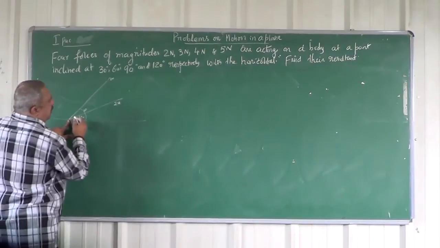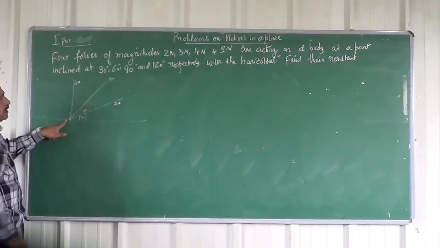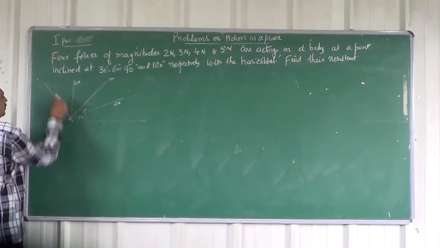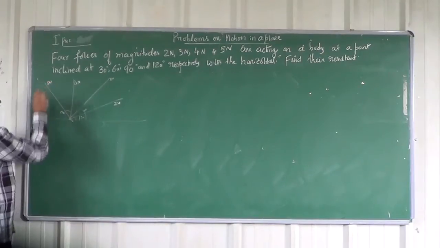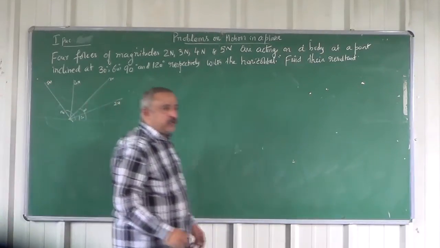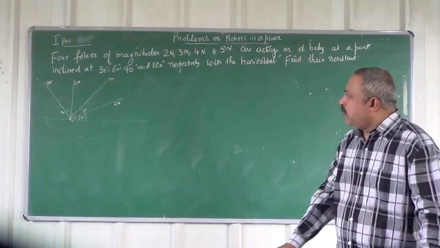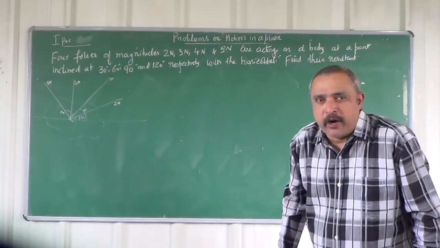At 90 degrees you have 4 Newtons acting, and at 120 degrees you have the fourth force, 5 Newtons, acting on the body. So 4 forces are acting on a body at a point.